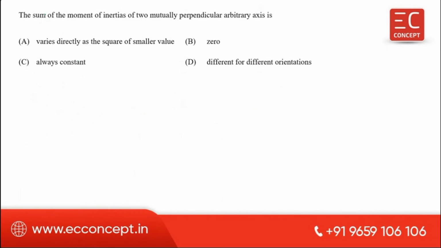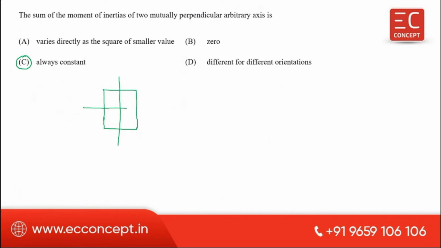Now next question. The sum of moment of inertia of two mutually perpendicular arbitrary axes is always constant. Okay. Suppose this is the section, a rectangular section.